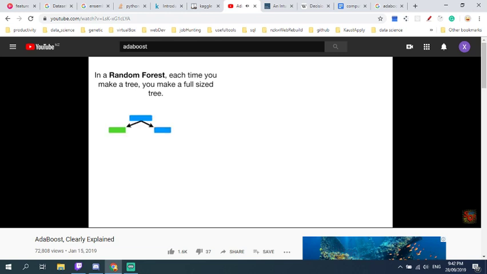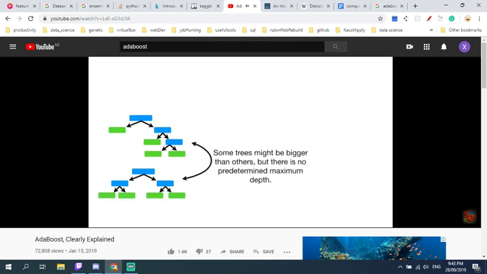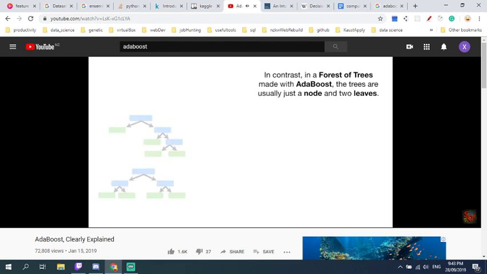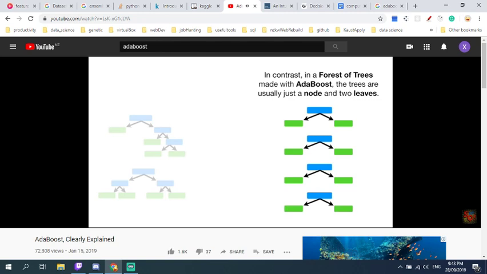In a random forest, each time you make a tree, you make a full-sized tree. Some trees might be bigger than others, but there's no predetermined maximum depth.